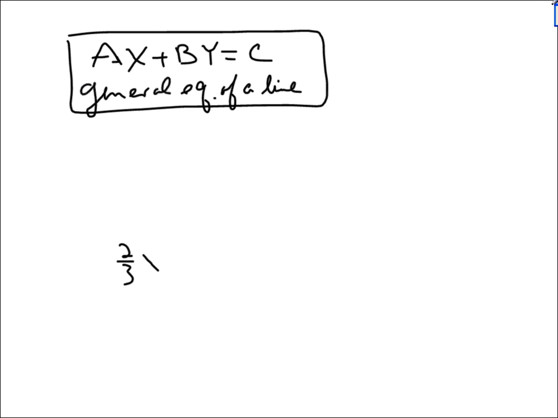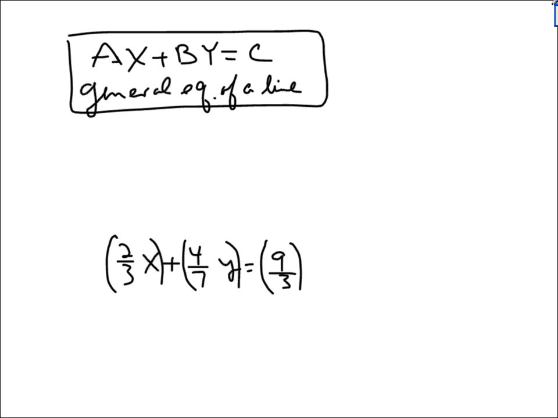if you had 2/3 x plus 4/7 y is equal to 9/3, you should multiply everything by the LCD. Between 3 and 7, the first common multiple is 21.